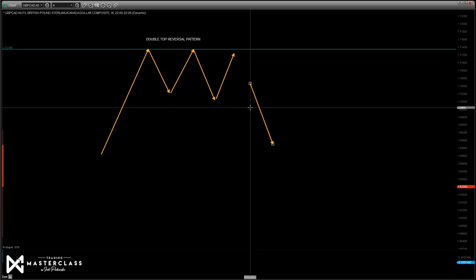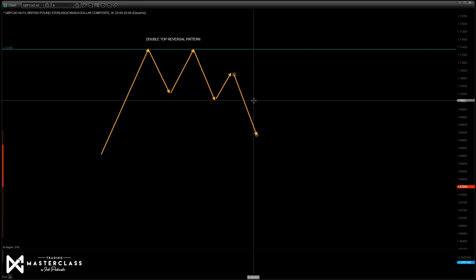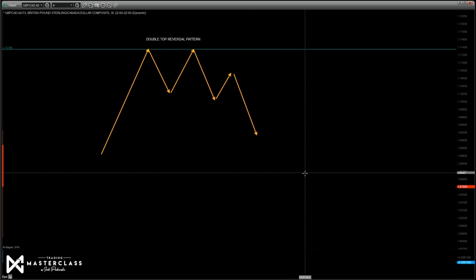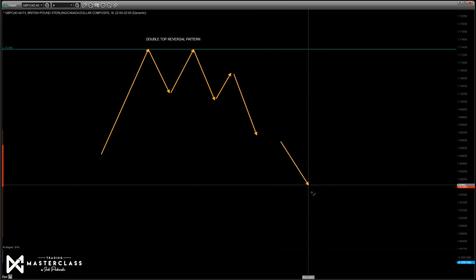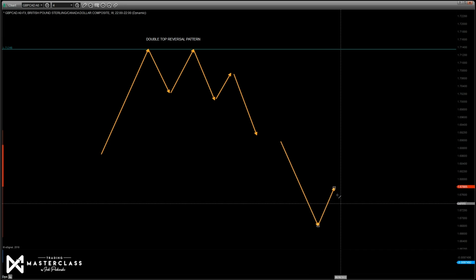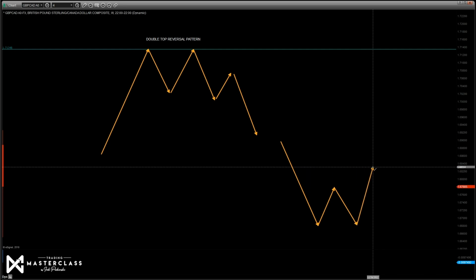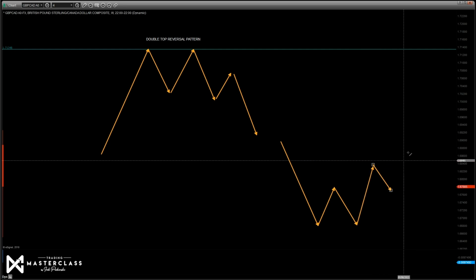Now the same thing can happen to the upside, so we can be trending down, and then when you hit the support level, pop up, make a double bottom, and then break out, retest, and a trade long.